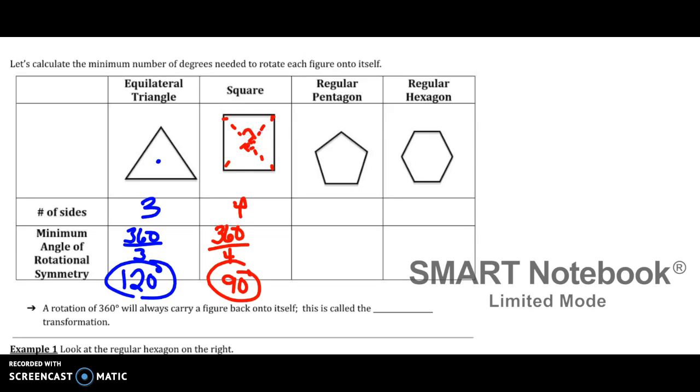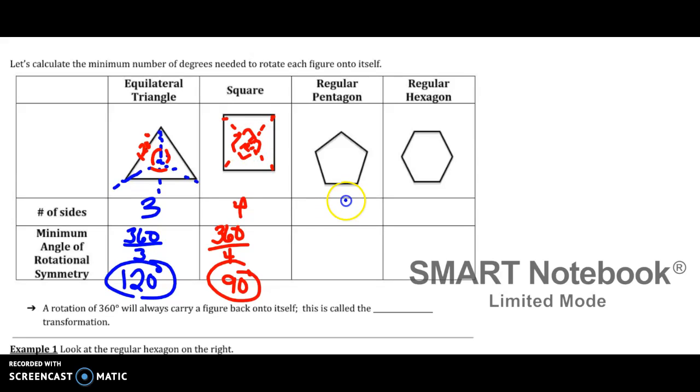So 90 there, we'd have 120 here, 120, 120, and all these are 90.